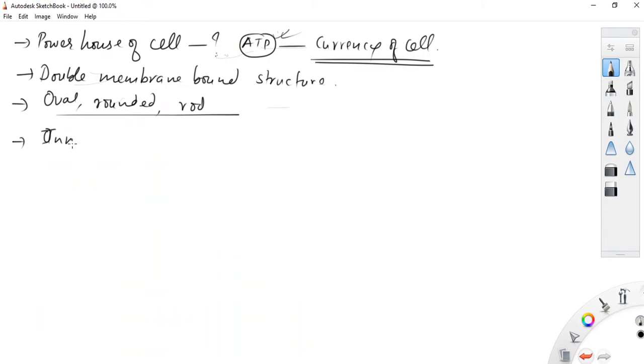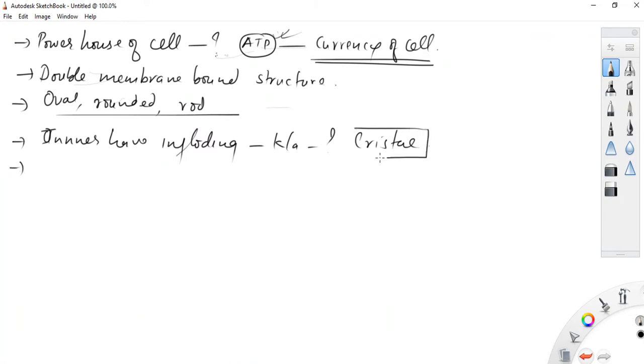The inner membrane has infolding known as cristae. Cristae is known as the structural unit of mitochondria.